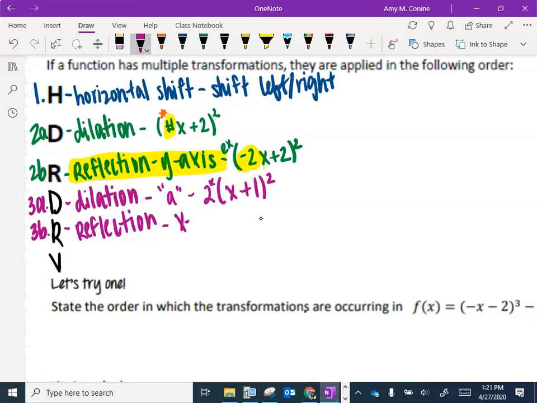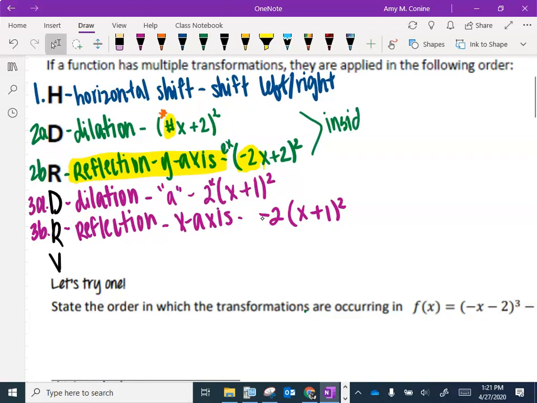Okay, and then the reflection, if you have one, would be a reflection over your x-axis. So let's say that was a negative 2. You would do that in this step. Okay, so you just need to make sure you're doing the reflections in the right order and the dilations in the right order. So you should start with your inside. You do those ones before you go to the outside. Okay, so just remember you do your H value, then you'll do your inside dilation and reflection, and then you'll do your outside dilation and reflection.